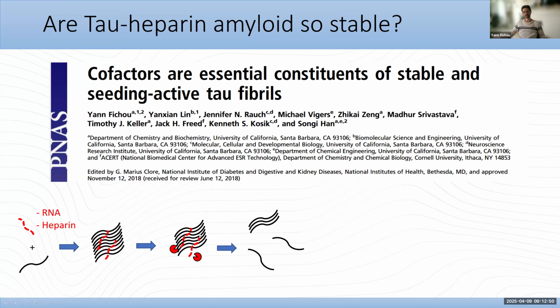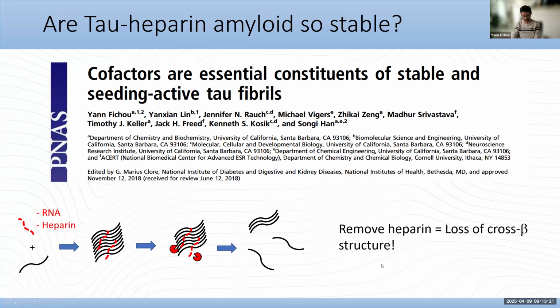But what we did here is we actually digested away the cofactor after that, and well, there is a story behind it, but the point was to get kind of the pure amyloid filament, just getting rid of whatever we added. But what we found in that case is we completely depolymerized our fibers. We're losing our fibers when we remove this heparin.